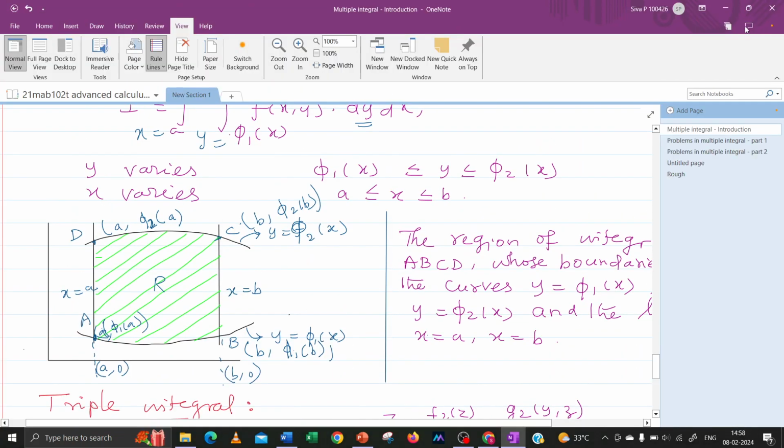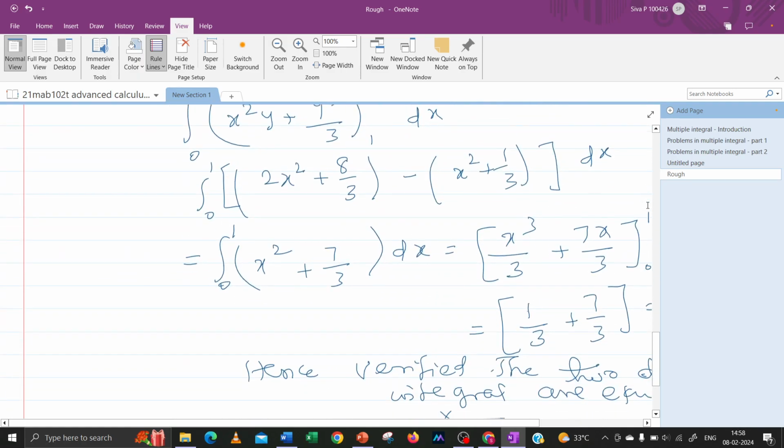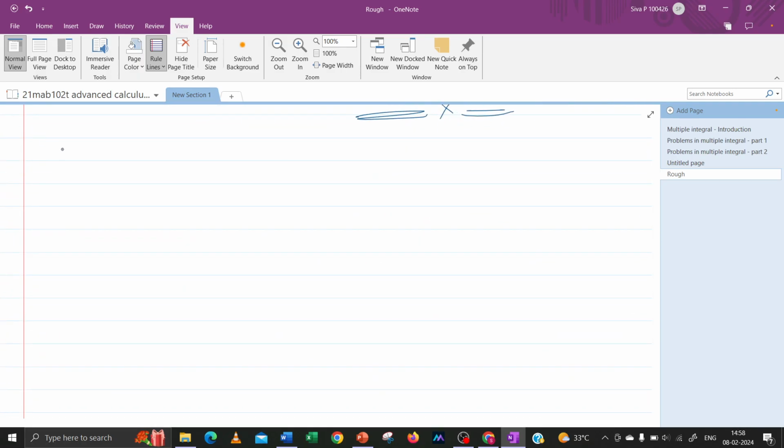For example, in case the region of integration is x square equal to y and y square equal to x, how to identify the region of integration and how to write the limits for this?